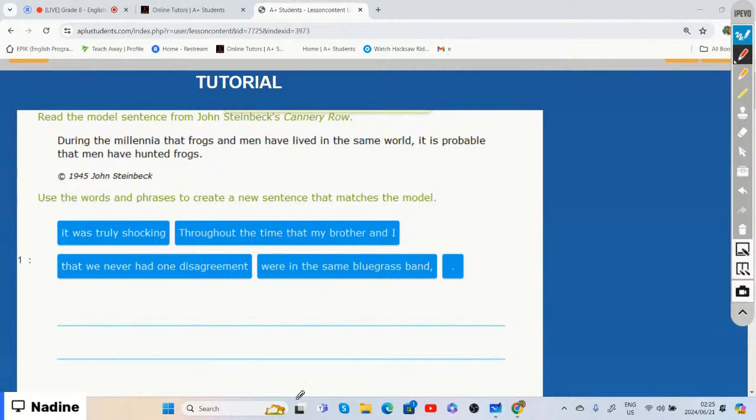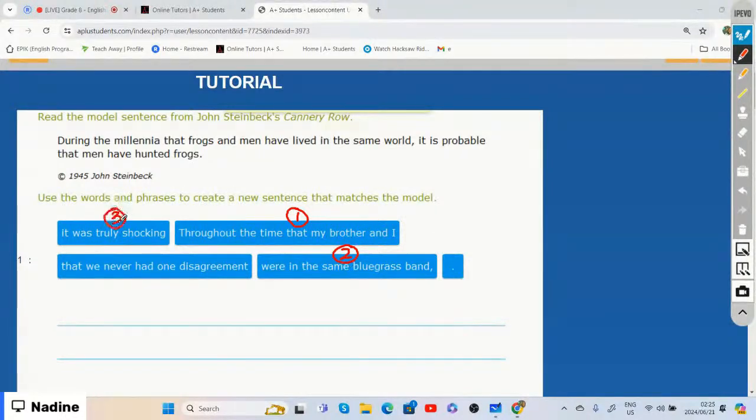So we can start with number one, throughout the time that my brother and I, number two, were in the same bluegrass band. Number three, it was truly shocking.